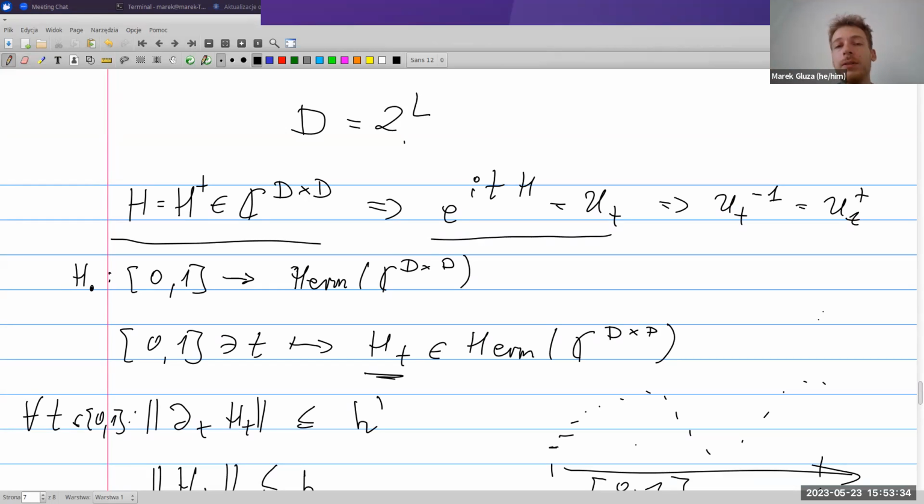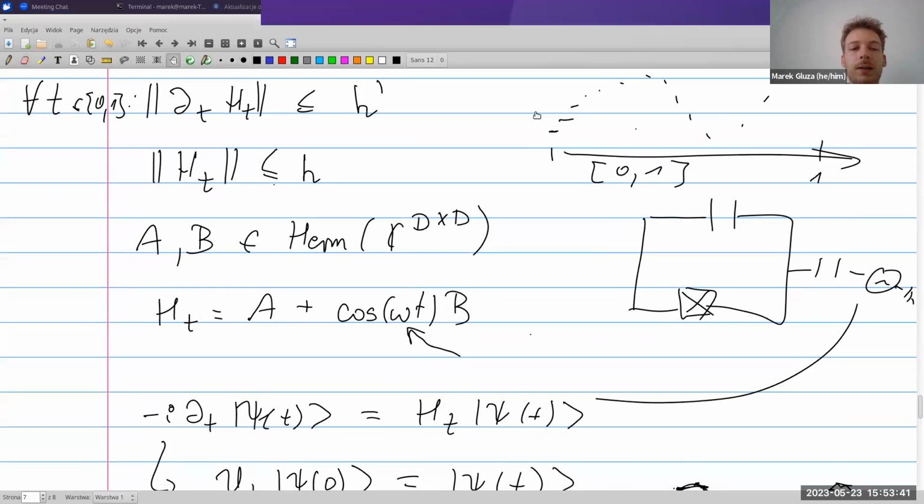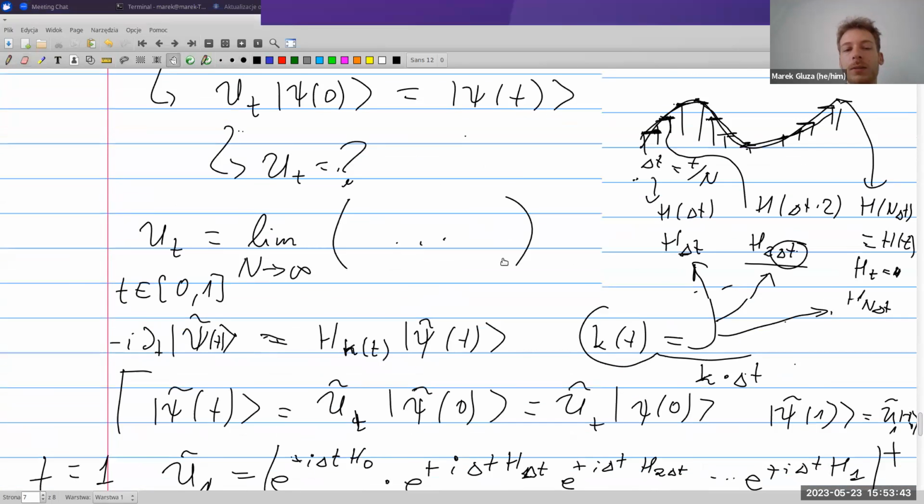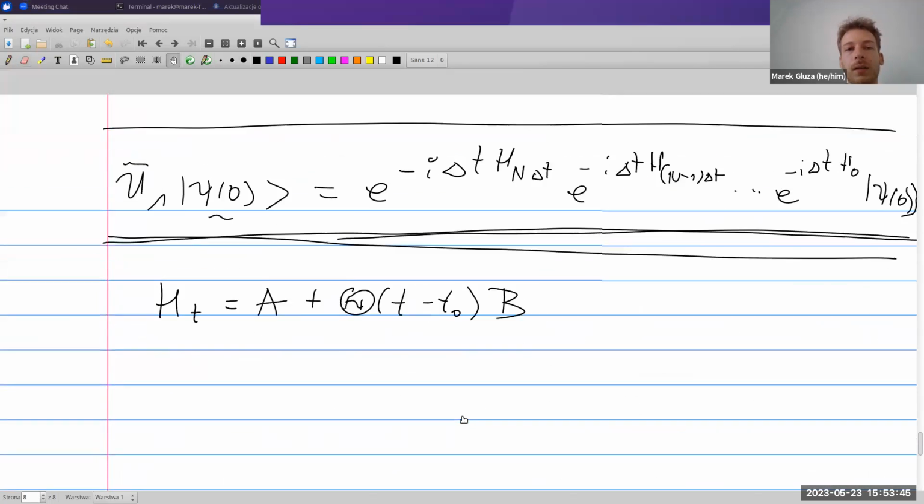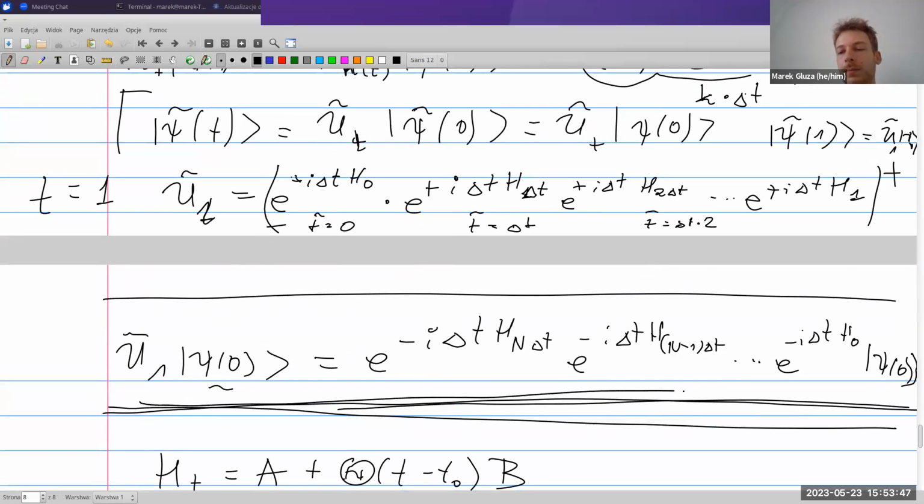And then this Hamiltonian might have solvable dynamics or might not, but we are just considering the problem of how small we need to make this delta t so that this piecewise constant evolution here will approximate our evolution. So this is my psi of 1.